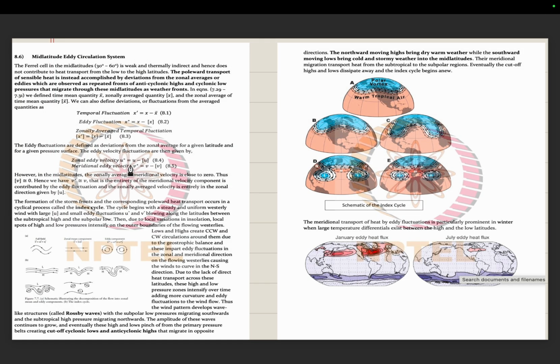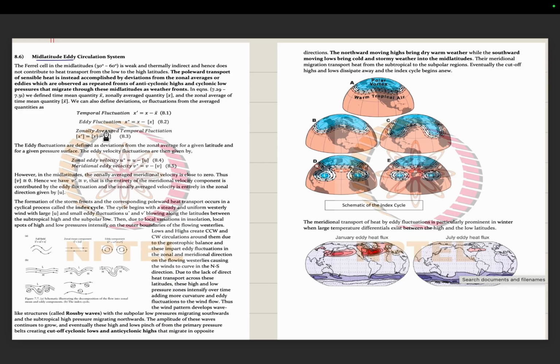Now in this lecture of week 7, we had seen the mid-latitude eddy circulation system. The Ferrel cell, which is in the mid-latitude zone, about 30 to 60 degrees, is weak and thermally indirect.